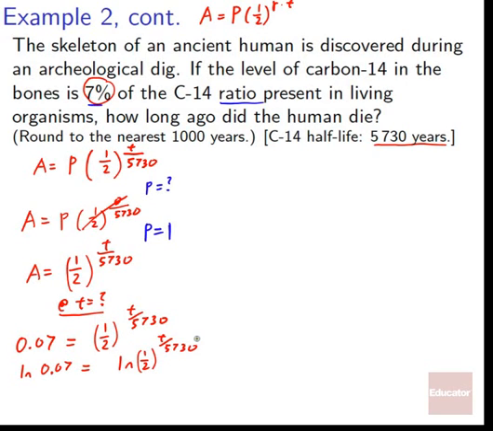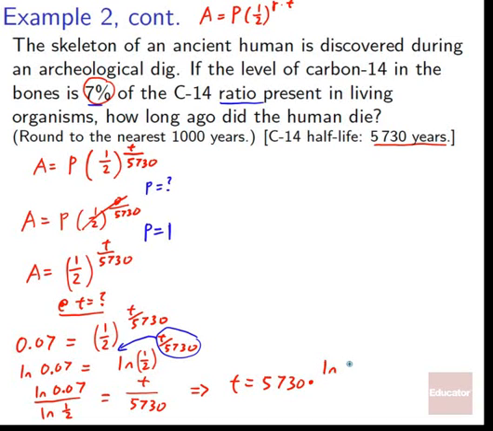So we can bring this down out front. So we've got t over 5730 times natural log of 1/2. We divide by the natural log of 1/2 on both sides, giving natural log of 0.07 over natural log of 1/2 equals t over 5730, which finally brings us to t. We multiply both sides by 5730, so t equals 5730 times natural log of 0.07 over natural log of 1/2.